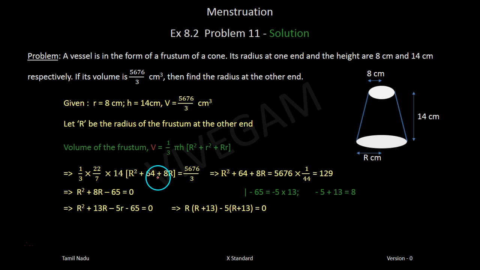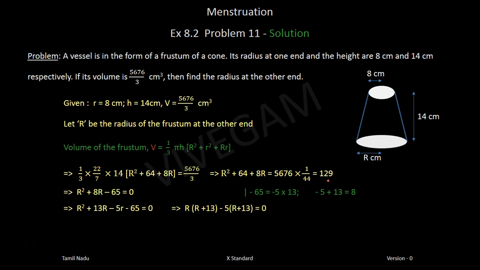So this R square plus 64 plus 8R will be equal to 5676 divided by 44. That is the 22 into 2. Here you should get a value of 129. Try 11 and cancel both the numerator and denominator and simplify it, and you will be able to get the value of 129.